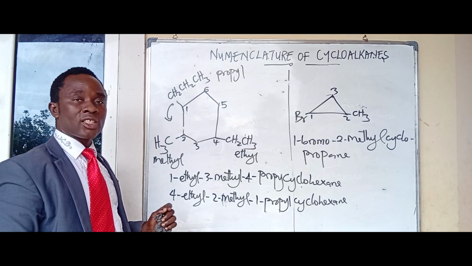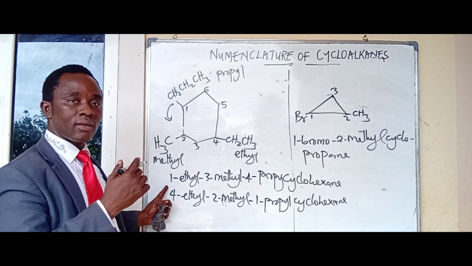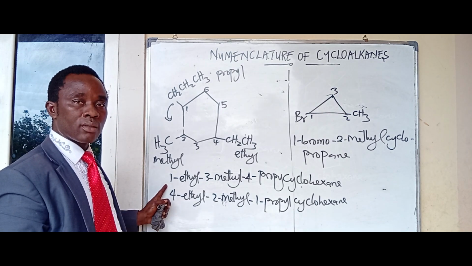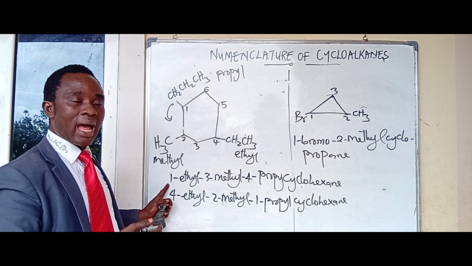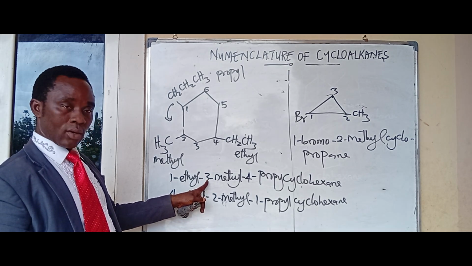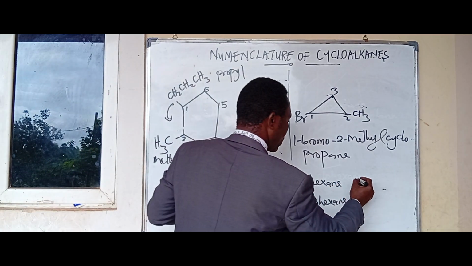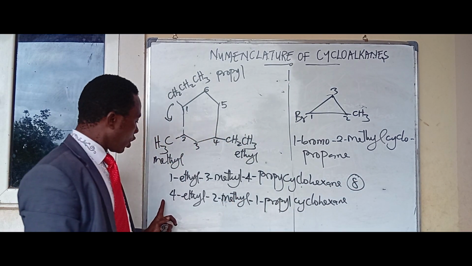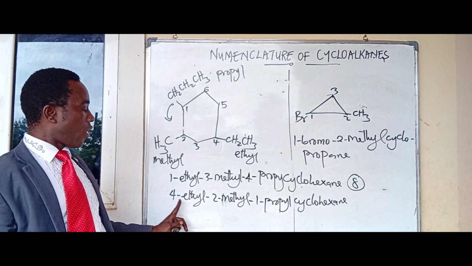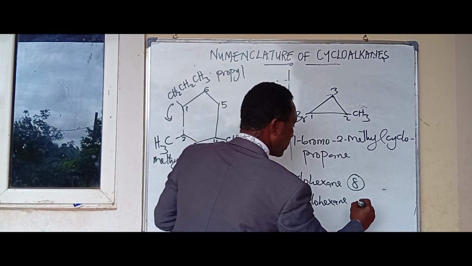Which one will be the right nomenclature? To get the right nomenclature, we add up the numbers of the positions where the substituents are attached. Here is 1, 1 plus 3 gives 4, 4 plus 4 gives 8. So this one gives 8. Then we go through the other one. This is 4, 4 plus 2 is 6, 6 plus 1 is 7.